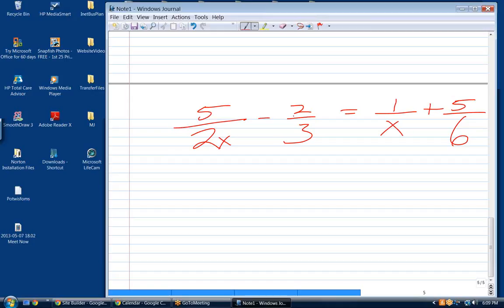In other words, there's 2 ways to approach this. I could solve this side of the equation, finding a least common denominator and subtracting these 2 entities. But I really prefer to work with equations that don't have any denominators. So if I can get rid of the denominator in one step, I want to do it. It's going to make the equation so much easier to solve.